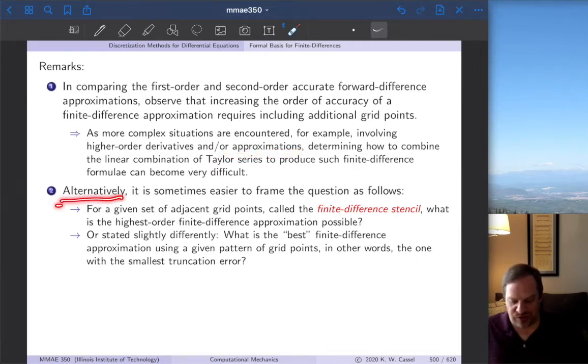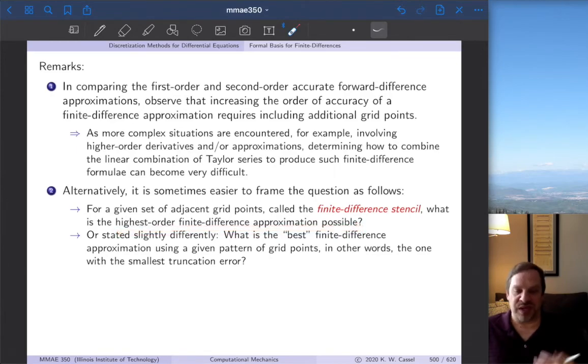So there is an alternative method. It's in the notes, it's grayed out, you're not responsible for it, and I'm not going to go over it. But basically it starts with determining the finite difference stencil, which is those points that we want to include in the finite difference approximation. Once you've decided on those points, say x_i, x_{i+1}, and x_{i+2}, then you can determine the highest order finite difference approximation that's possible given those 3 points.